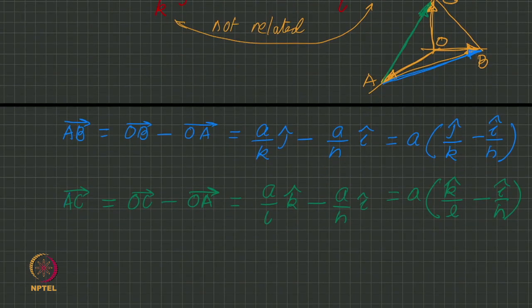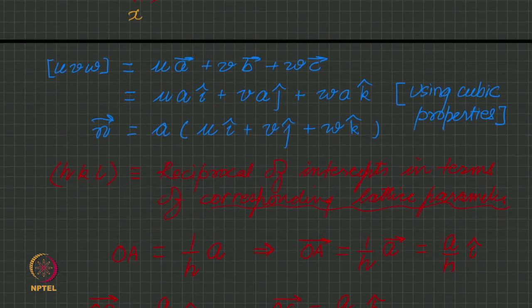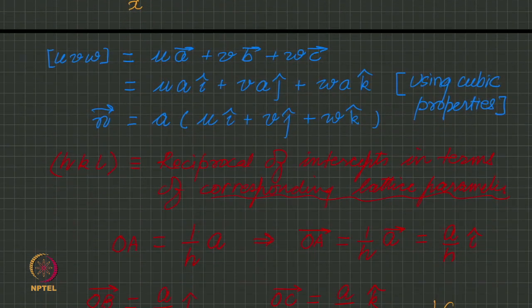So, we have done a very simple thing: we have found an expression for the normal vector n, which we had here. That was simply A times u i plus v j plus w k. Please remember that u, v and w are unknown.